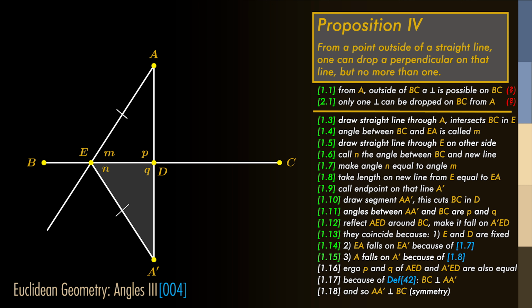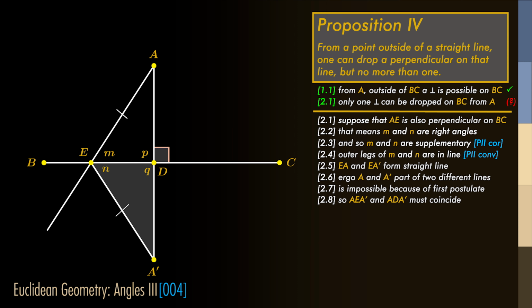A coincides with A prime because EA prime equals EA. Therefore, angle P must be equal to angle Q. And that means that BC is perpendicular on AA prime by definition. And so, AA prime is perpendicular on BC because of symmetry.